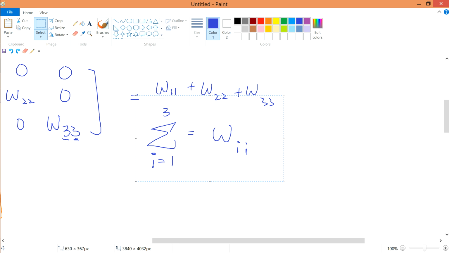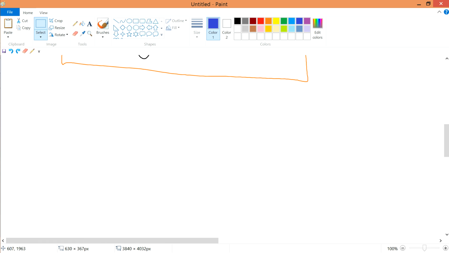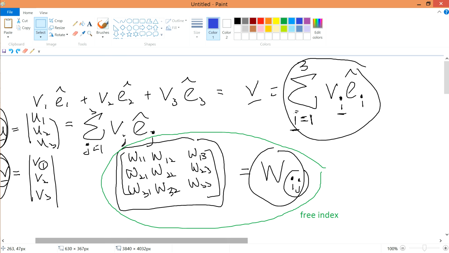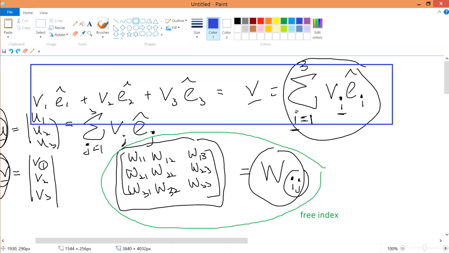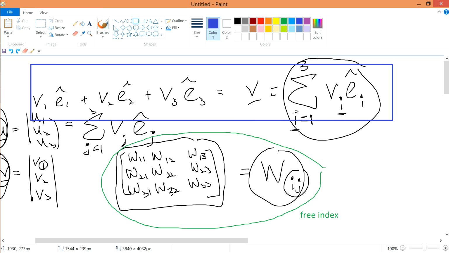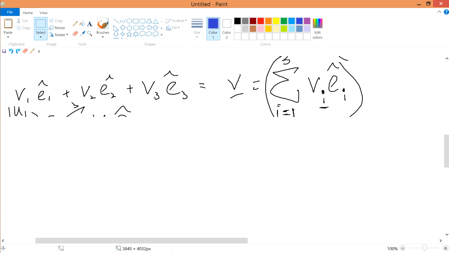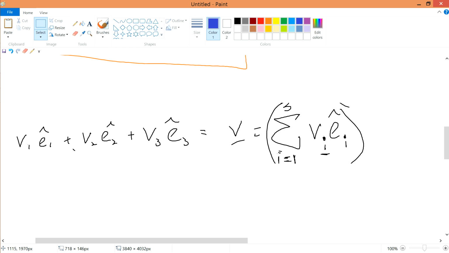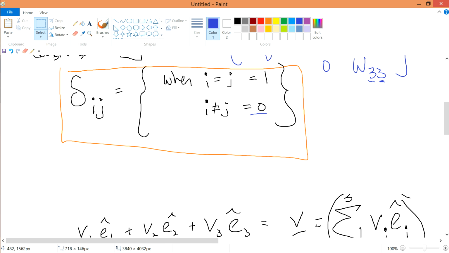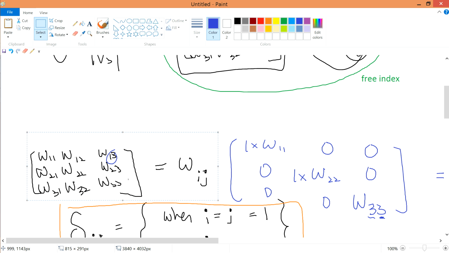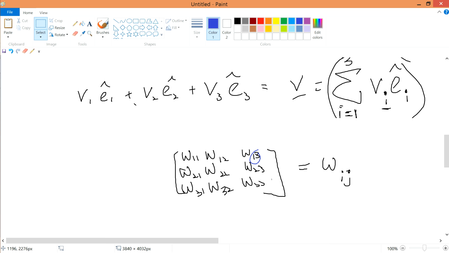Now let me introduce you to another form. Let's take a look at this one, which is what we derived earlier. It's in terms of the vector times the unit vector, so I can just sum them into this expression. I take these definitions and paste them over here, and then I take the matrix which we have just drawn and paste it over here.